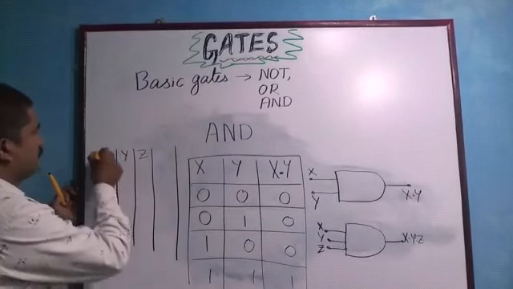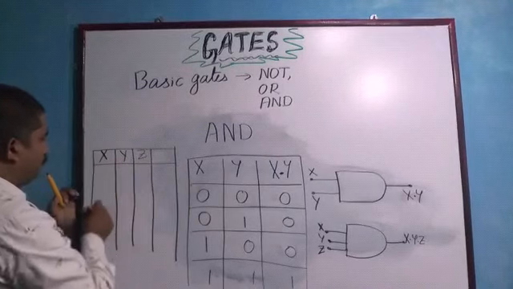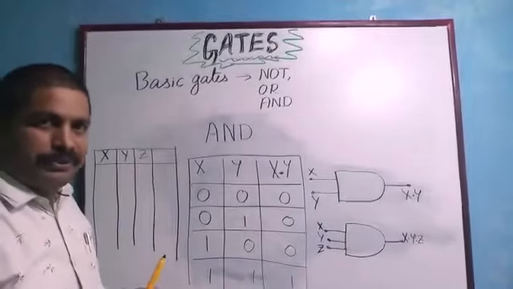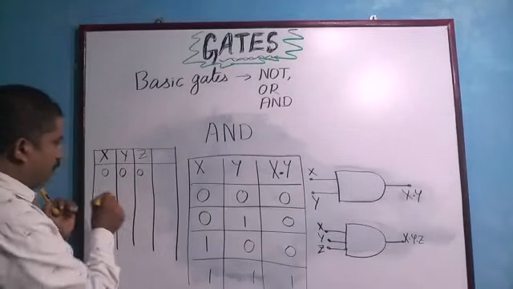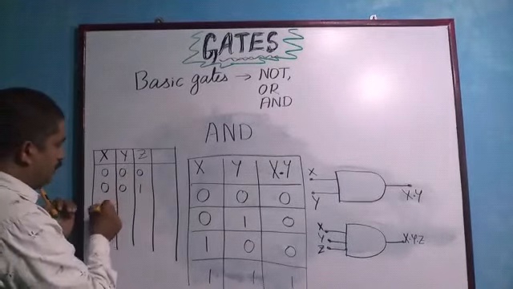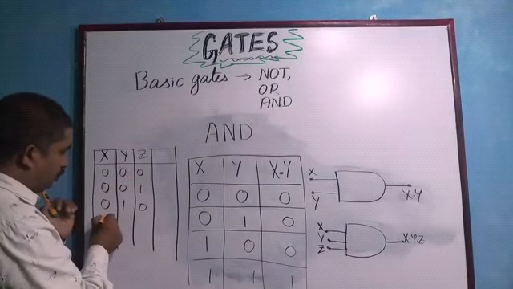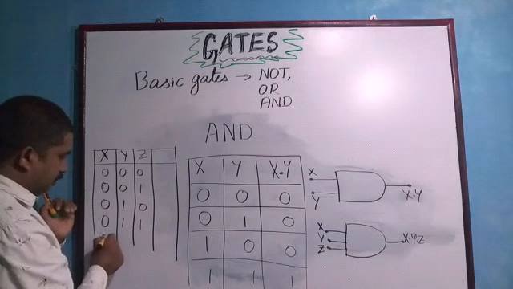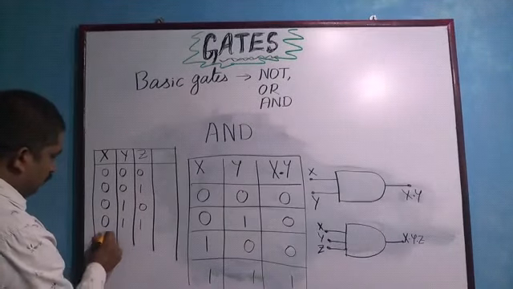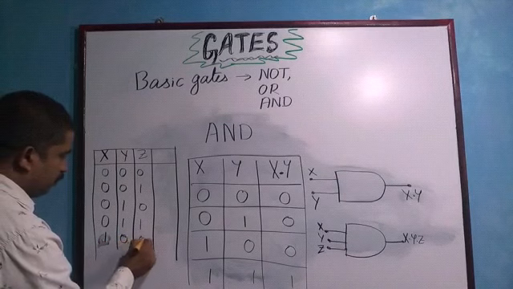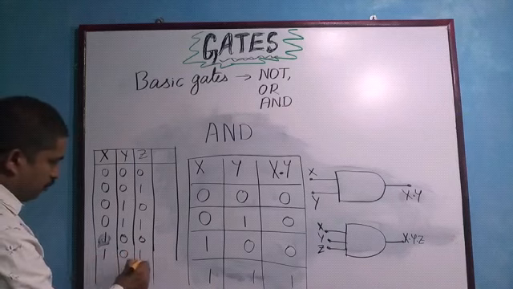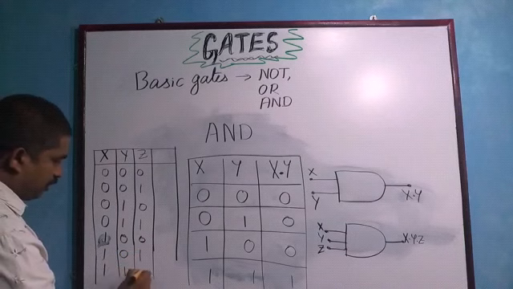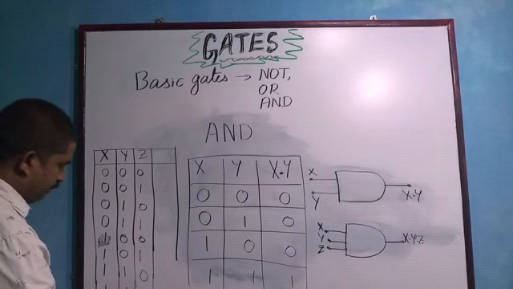So if you know the binary form of 0, 1, 2, 3 like that, you can write it: 0, 0, 0 is 0; 0, 0, 1 is 1; 0, 1, 0 is 2; 0, 1, 1 is 3; 1, 0, 0 is 4; 1, 0, 1 is 5; 1, 1, 0 is 6. Similarly, what is 7? 1, 1, 1 is 7.